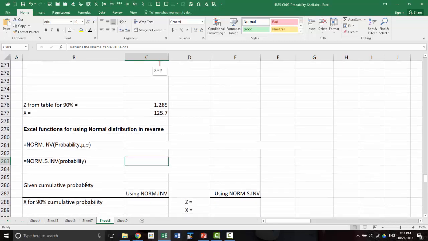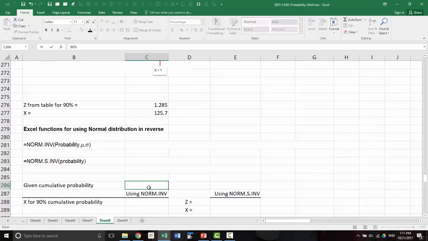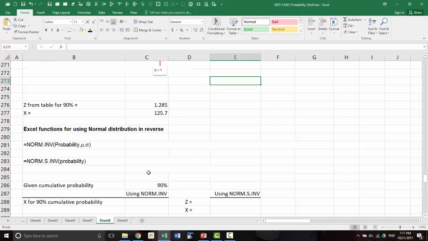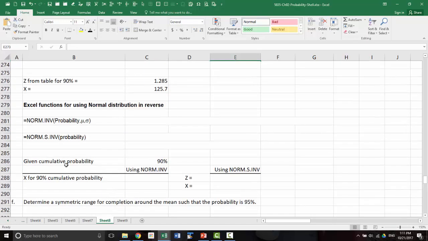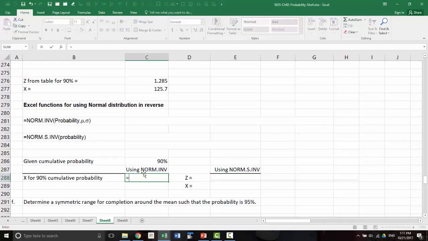So we have a cumulative probability of 90%. You want the x for 90% cumulative, then go norm.inv.